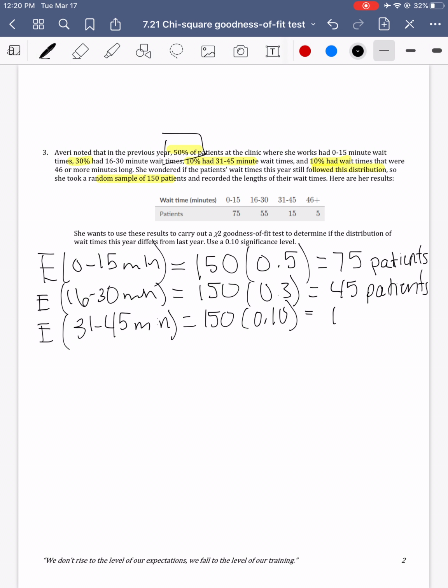That'll give us 15. And then for the expected value for the last one, 46 plus minutes, again take our n value, and now we're multiplying by 10%, since we would expect 10% had 46 minutes or more.